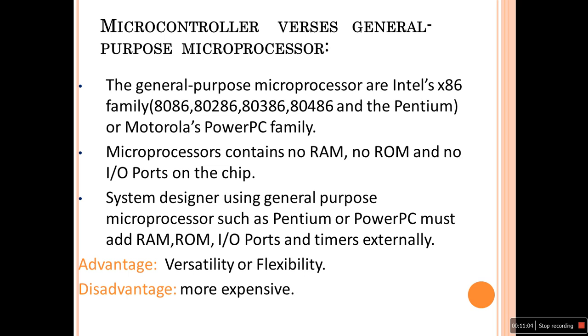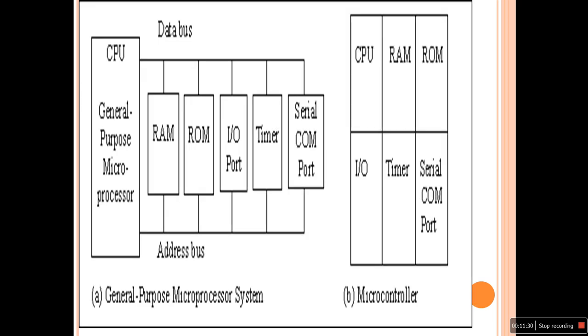You can see that microprocessors do not contain RAM, ROM, and I/O ports on the same chip. System designers who use these general purpose microprocessors, Pentium, PowerPC, must add RAM, ROM, I/O ports, and timers externally. The advantages are versatility and flexibility, and the disadvantage is that they're more expensive.